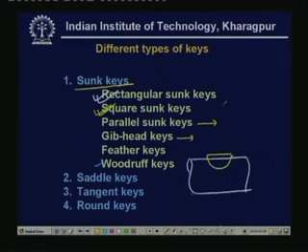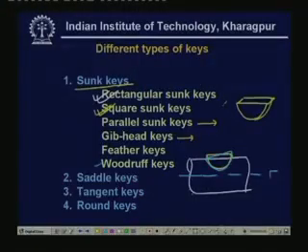It is a semicircular key. In three dimensions it looks like this. So it has some advantages. One advantage is that this key can be fixed in various orientations, so it can accommodate some misalignment of this assembly. This misalignment can be taken care of.